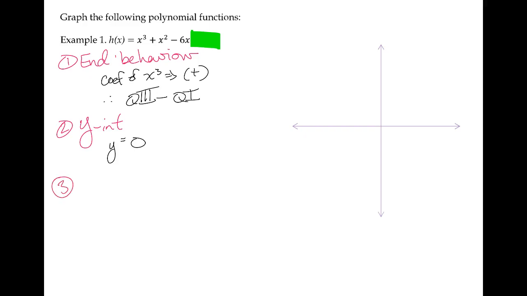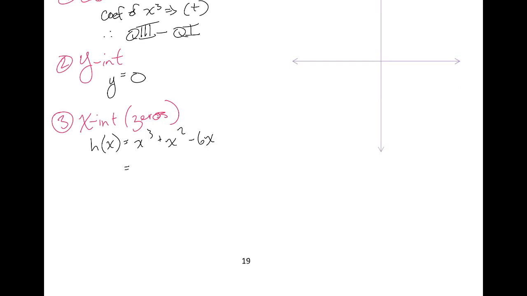Now that I've isolated those key pieces, I'm going to look for what else I can learn about my graph. I'll start with my x-intercepts, or my zeros. And again, I do that by factoring. So I'm just going to rewrite it so I don't have any major glaring errors right off the hop. The first thing I always look for when I factor is a greatest common factor.